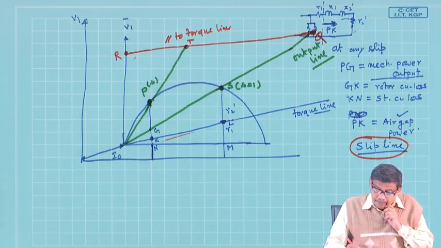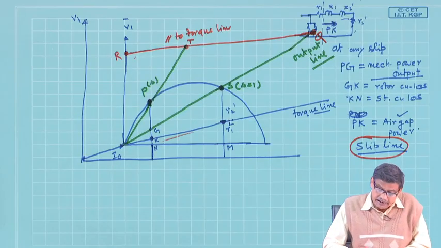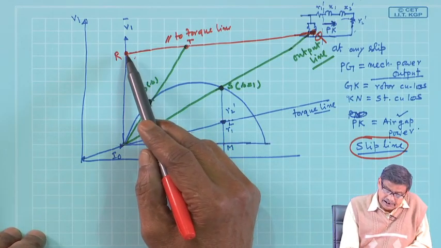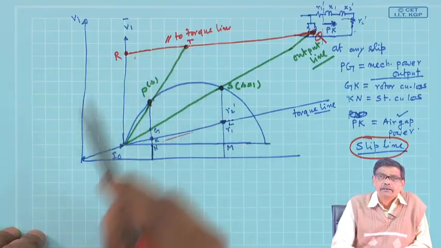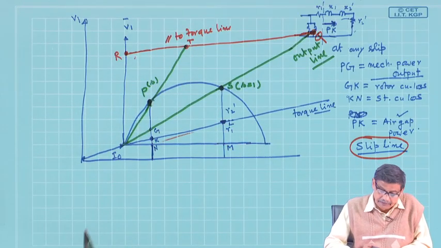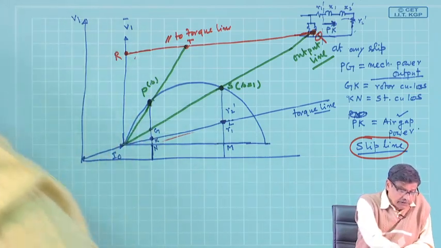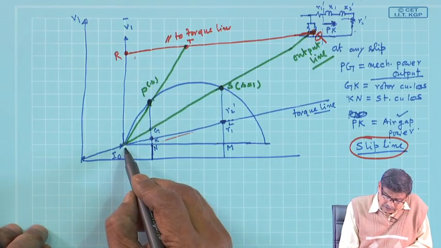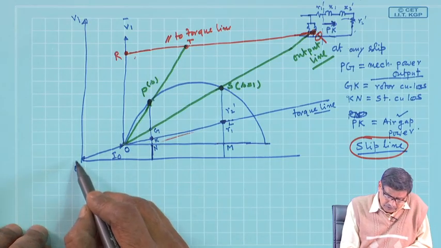Okay. And then I will show that this length R t will be a measure of the slip at which the machine is operating. How can this be shown? Once again by considering some similar triangles. Call this O, and this O dashed.